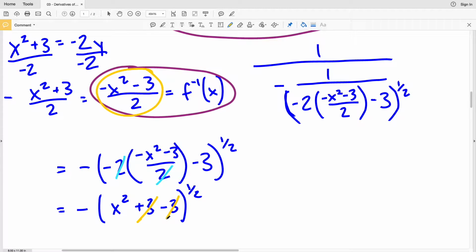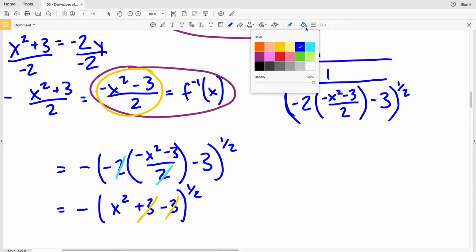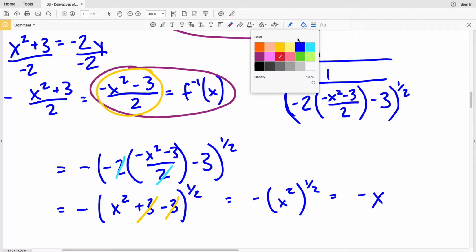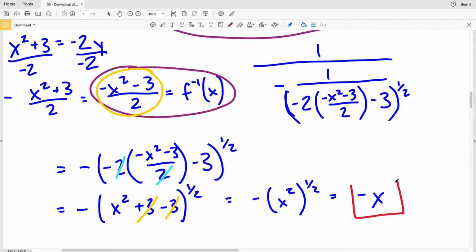So 3 and 3 cancel out, so I'll have negative x squared to the 1/2, which x squared to the 1/2 is x, so negative x is my solution for my derivative of my inverse function of x in number 5.